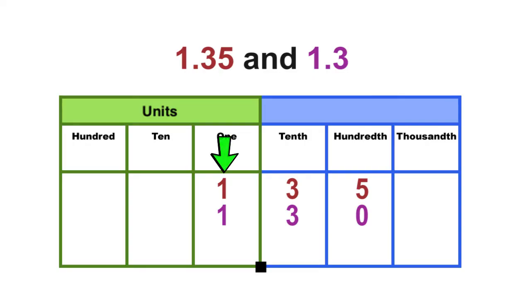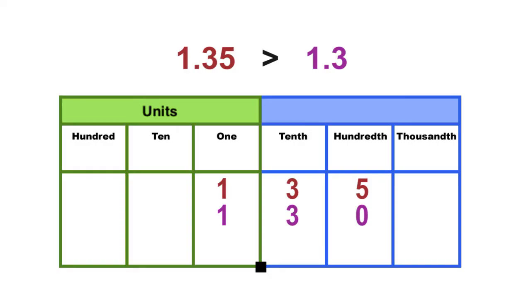Both numbers have a 1 in the ones column, so move on to the tenths column. Both numbers have a 3 in the tenths column, so move on to the hundredths. The first number has a 5 in the hundredths column, and the second number does not have any hundredths. 5 hundredths are more than no hundredths. So 1 and 35 hundredths is greater than 1 and 3 tenths.